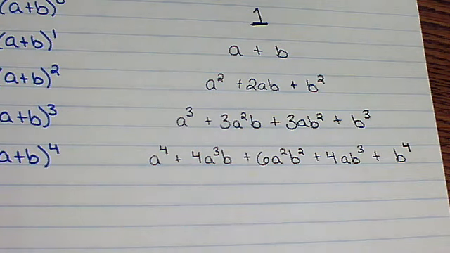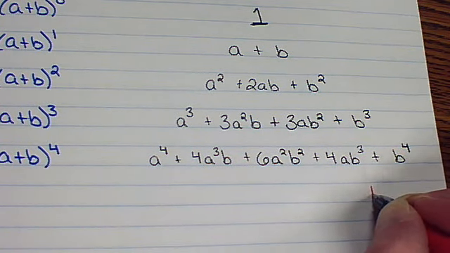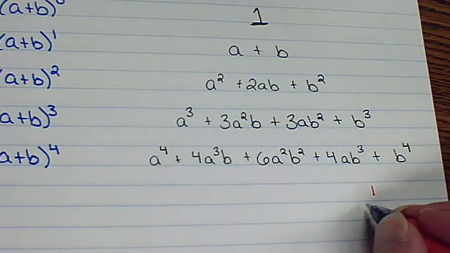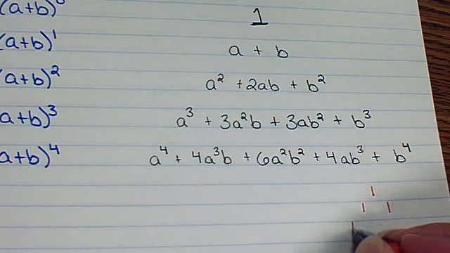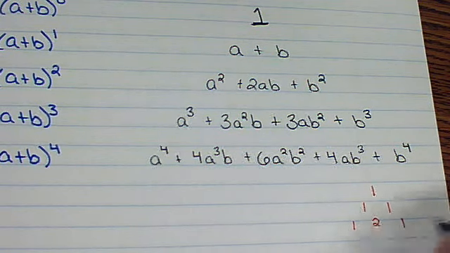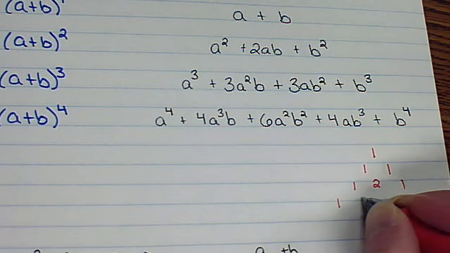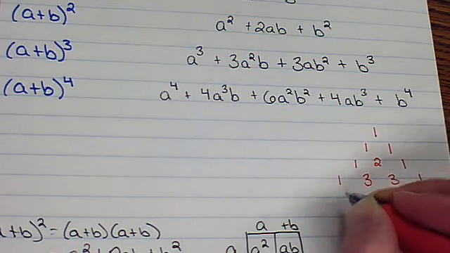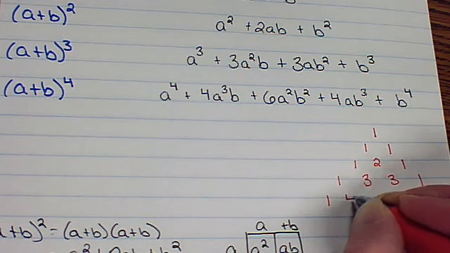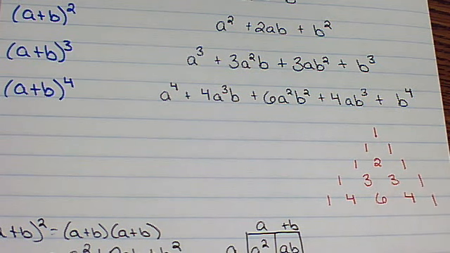If I look at the very top row, I have a 1, right? The next one, the coefficients, 1 and 1. The next row, 1, 2, 1. The next row, 1, 3, 3, 1. The next row, 1, 4, 6, 4, 1.